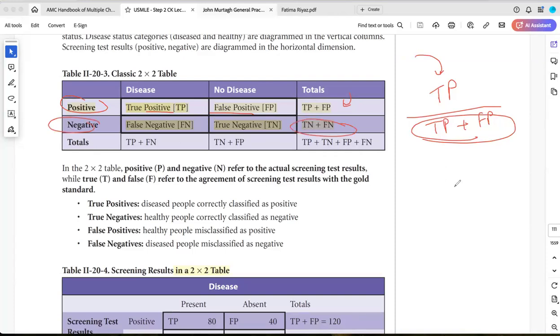So that's this group, true negative, false negative. Out of this, who was actually negative? Okay. I hope it's not complicating, but if it is, you can just easily remember that the left column gives sensitivity, the right column gives specificity, the top row gives positive predictive value, and the bottom row gives negative predictive value of a test.